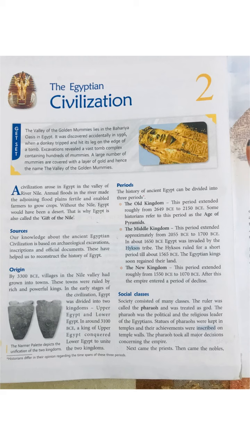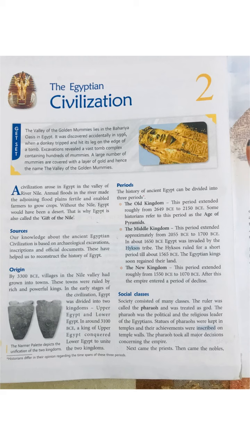Next came the priests. Then came the nobles, officials and scribes. This was the upper class. Then, in the middle class, merchants, artisans, and farmers formed the bulk, and slaves were at the lowest rung.